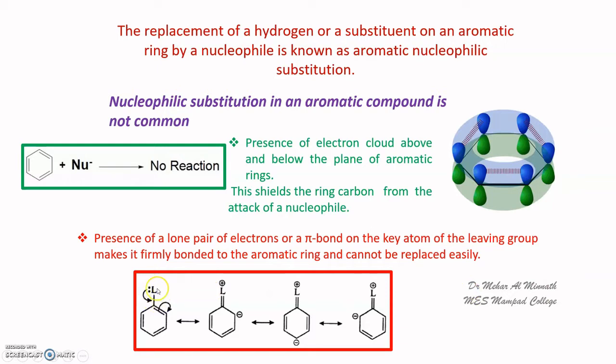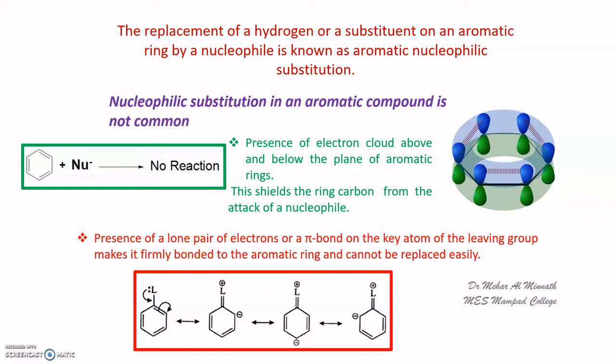For example, if you have an amino group or an OH group, the lone pair of electrons on the leaving group will participate in resonance. So this is another reason which makes the aromatic ring less reactive towards nucleophilic substitution reactions.